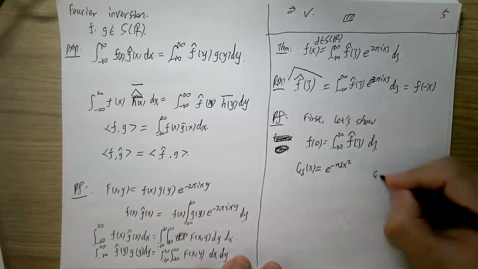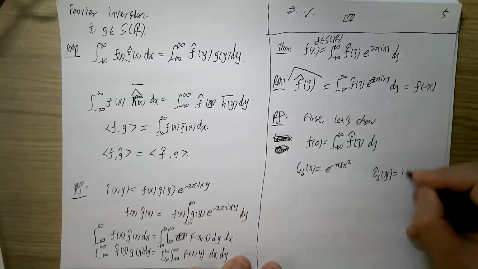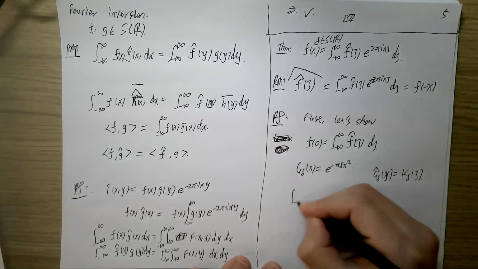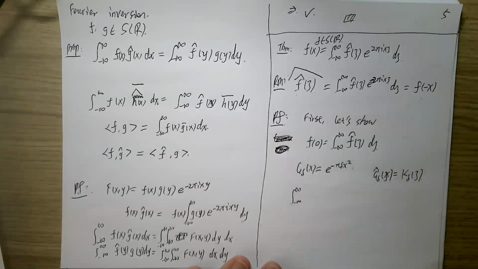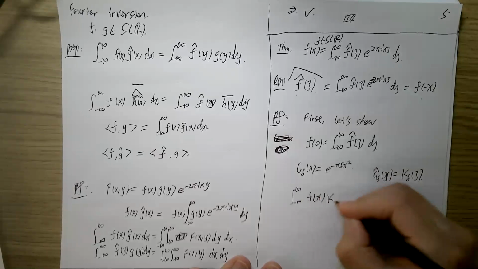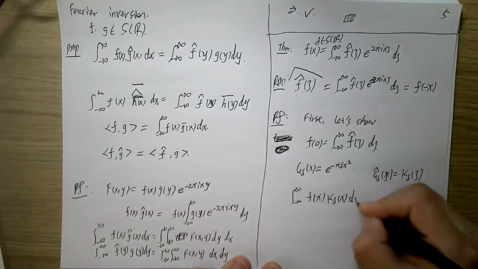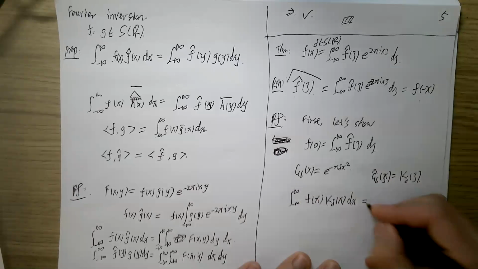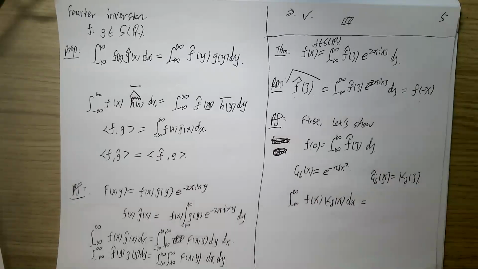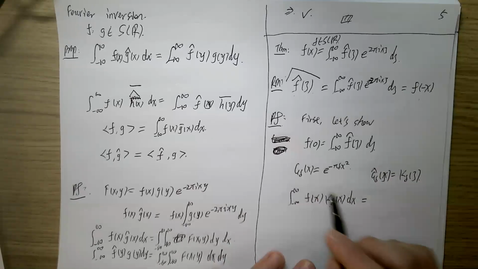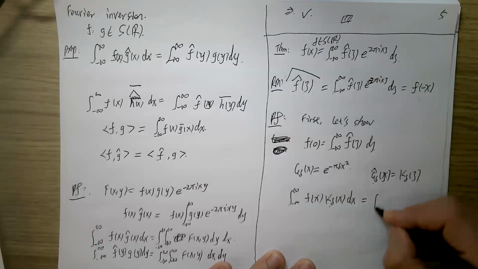Okay, then Ĝ_δ(ξ) is equal to K_δ(ξ). Okay, then if you take this integral of f(x) K_δ(x) dx, what do we have? Well, this K_δ(x) is actually Ĝ.